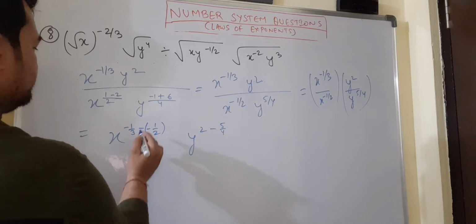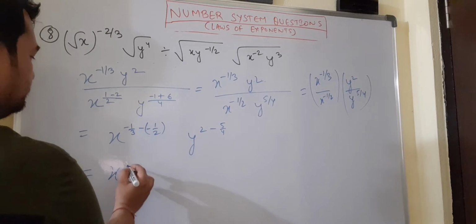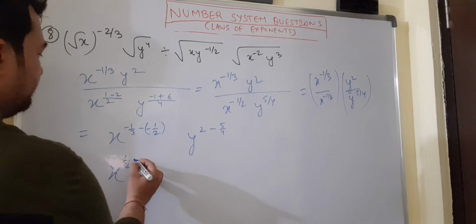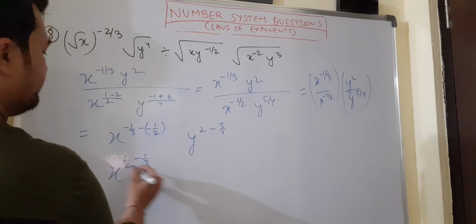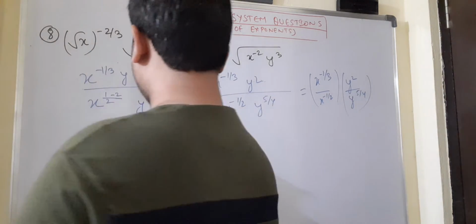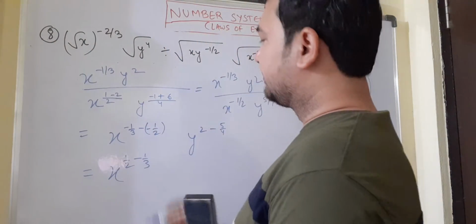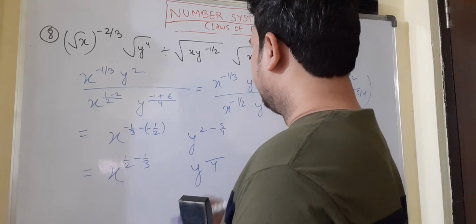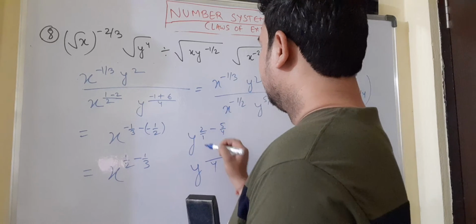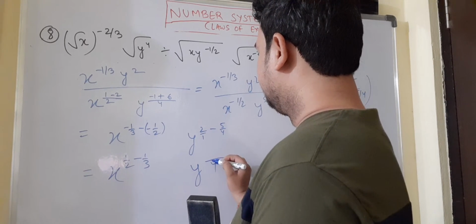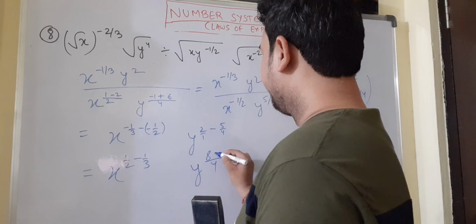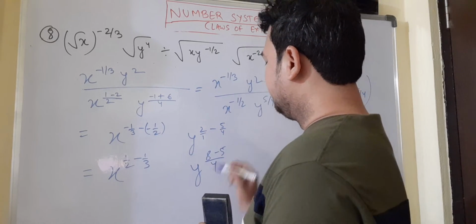This will be plus. So plus sign you always try to write it on the left, it will be easier for you to understand. Plus 1 by 2 minus 1 by 3. y is 4 as denominator, 2 2s are 4, 2 1s are 2, 8, minus how much? 5.